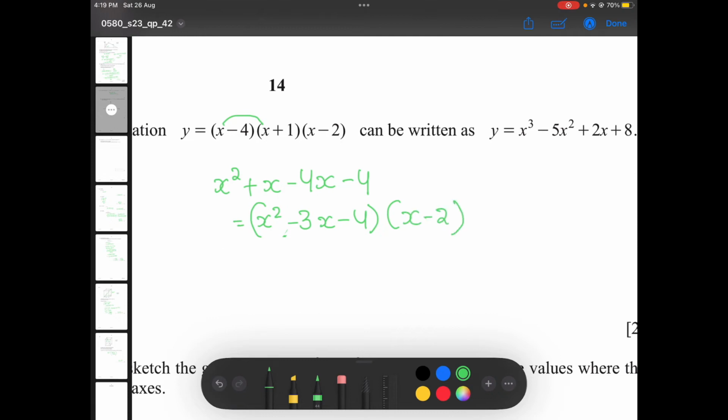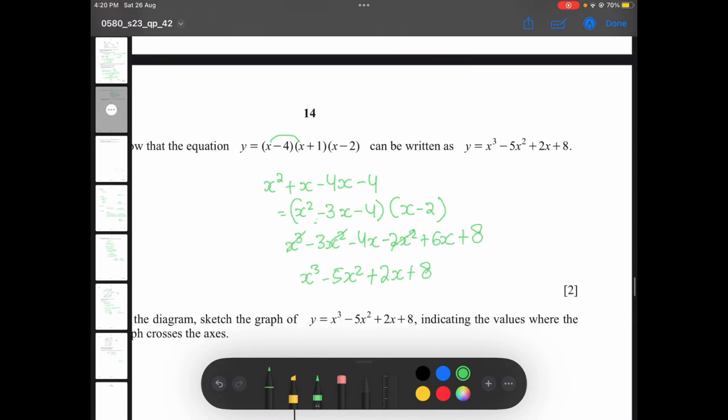So when you multiply x minus 2, that's going to be x cubed, minus 3x squared, minus 4x, minus 4x, and negative 2x squared, positive 6x and positive 8. x cubed is 1, negative 3x squared, negative 5x squared, negative 4 plus 2x plus 8.